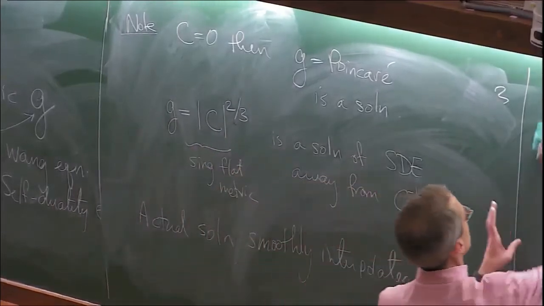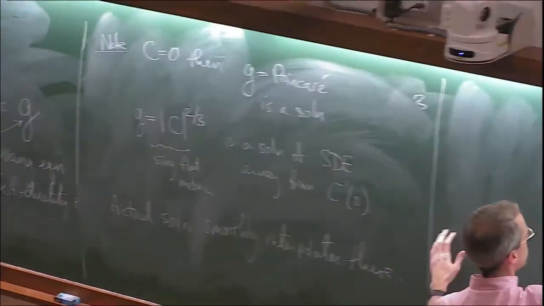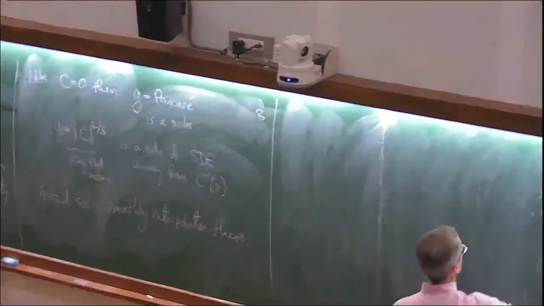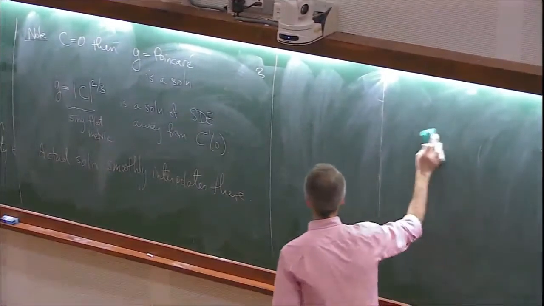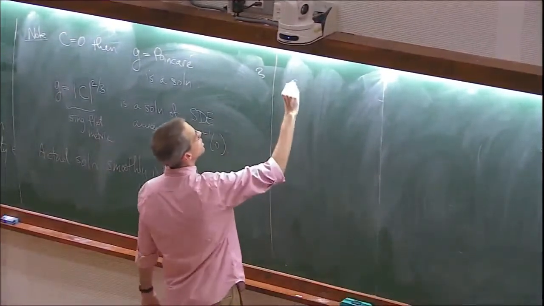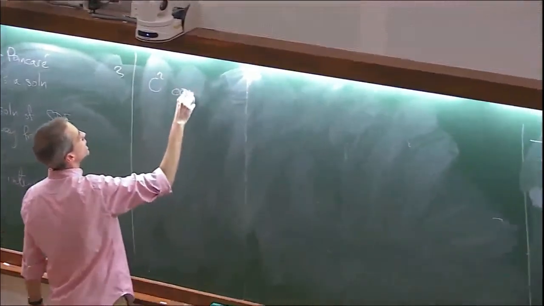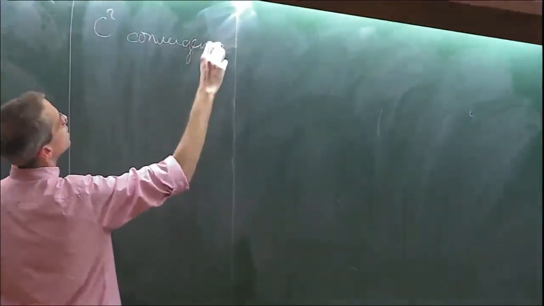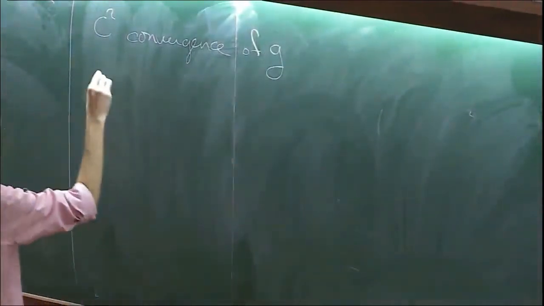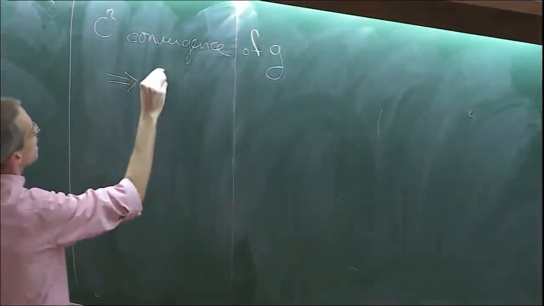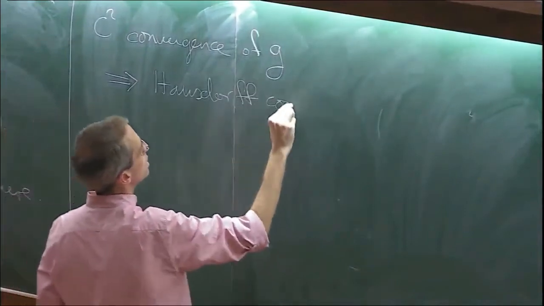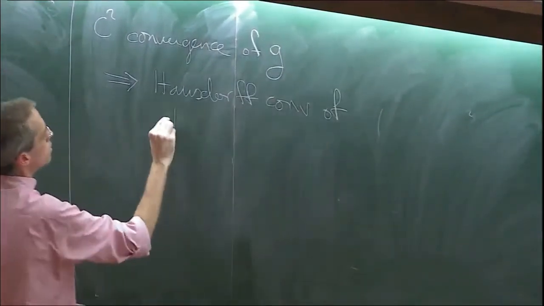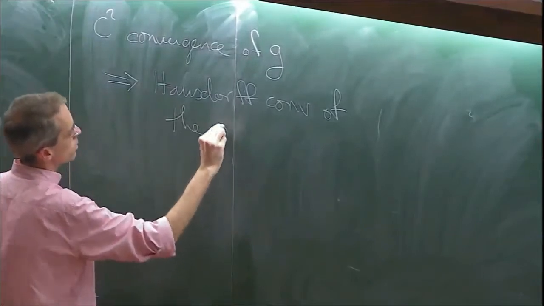So what does our proof look like? It's not hard to show that if you have C2 convergence of the Riemannian metrics, this implies Hausdorff convergence of the associated convex sets.